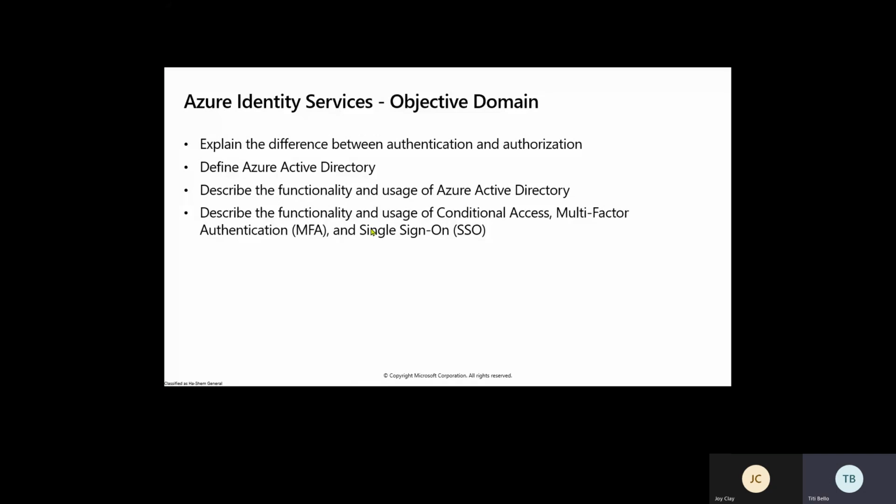And in what scenario will you make use of Azure Active Directory and other features available from within your Azure Active Directory, which are the multi-factor authentication, the single sign-on, the conditional access? In what scenarios will you be making use of each of those available features in Azure?